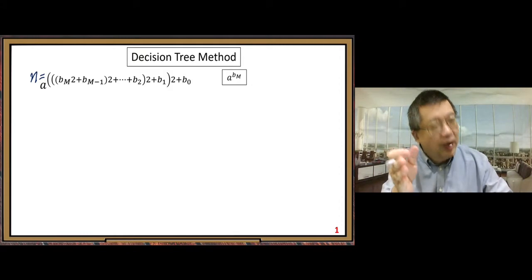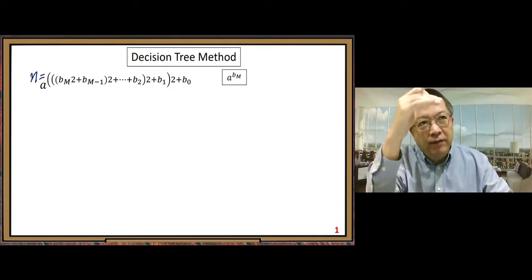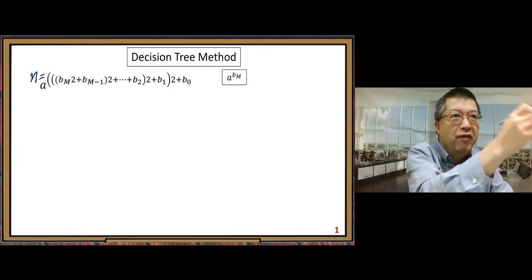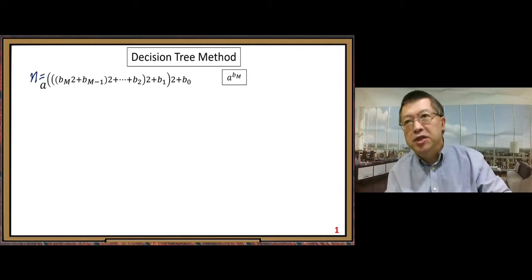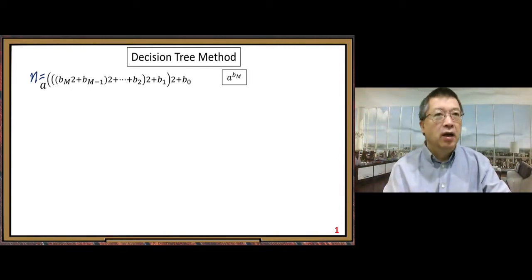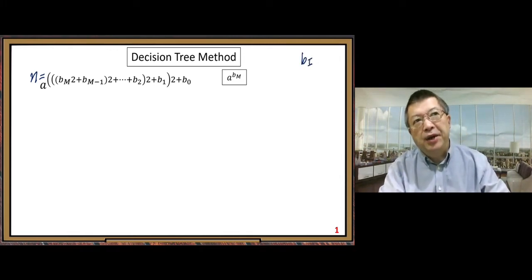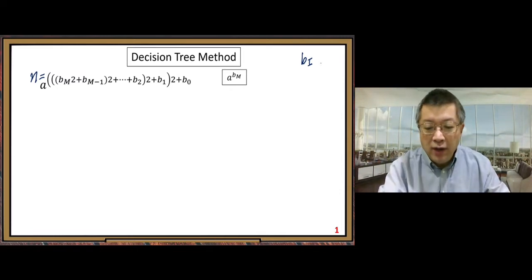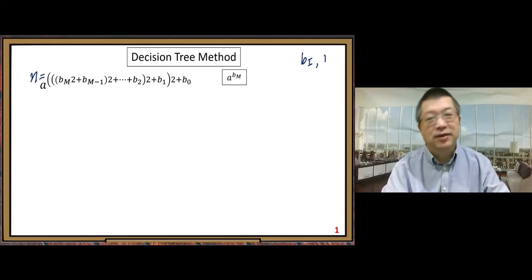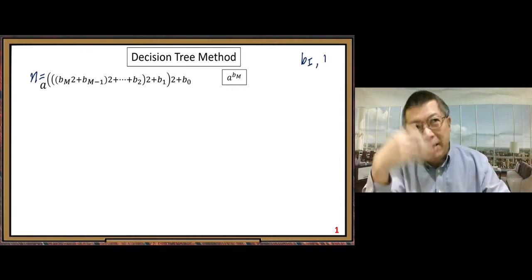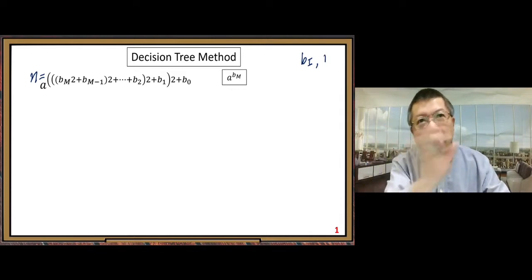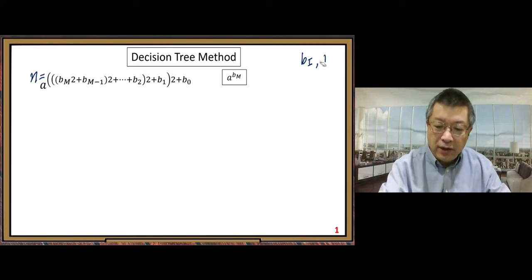When we start from the most significant bit, b sub n. In our textbook, it uses b sub capital I, because I sometimes could get confused with 1, so I replace that capital I by this capital N, so we won't get confused.